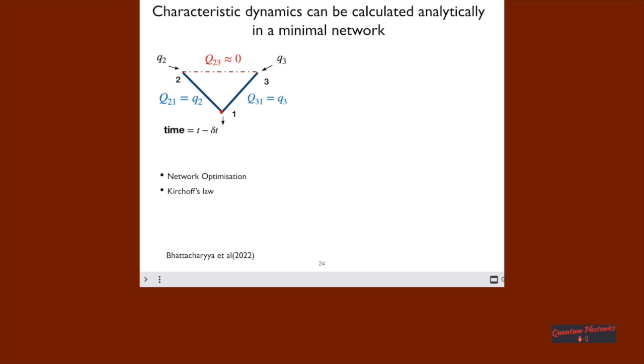So for the analytical calculation, we consider a very simple network with 3 links. One link of the network in my calculation has very small conductance values, which is shown by the red dotted link.